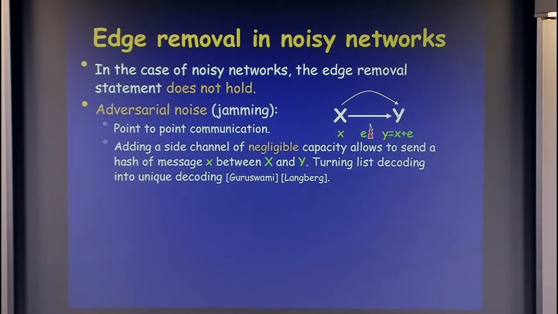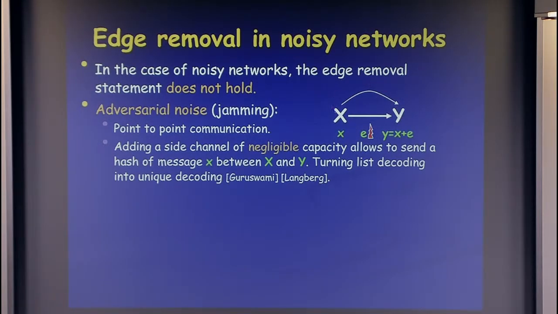Now in this network, which has both this channel which can be jammed and the side channel, the way you can communicate is by sending some information over the channel. Y can now list decode instead of unique decoding, and you can send either a hash, or actually any random string, over the side channel. It's going to help Y disambiguate.